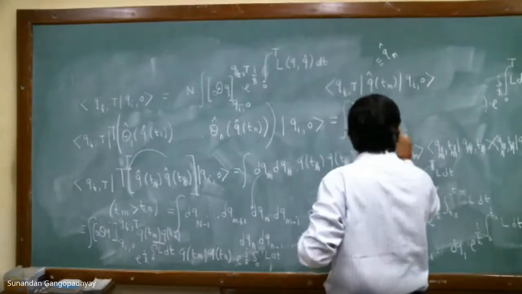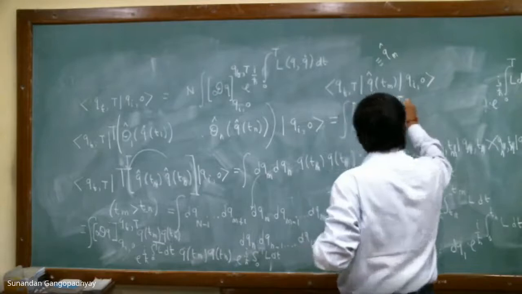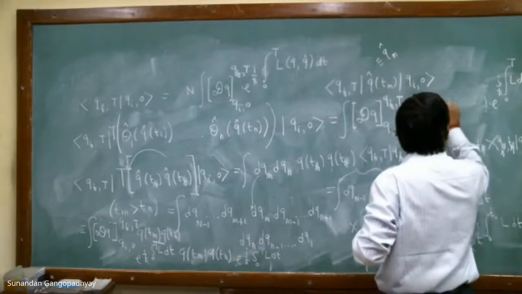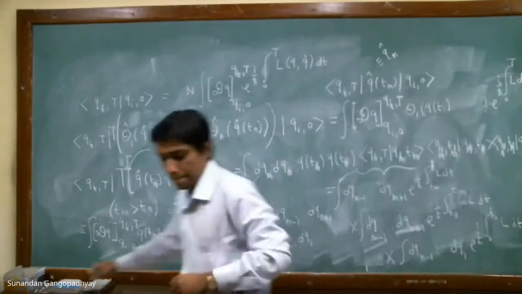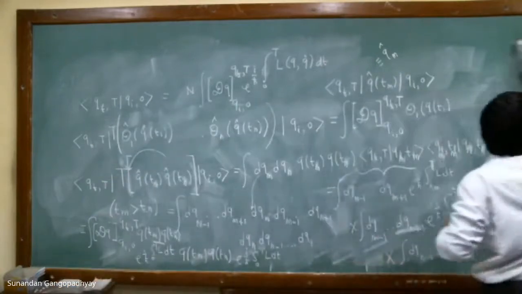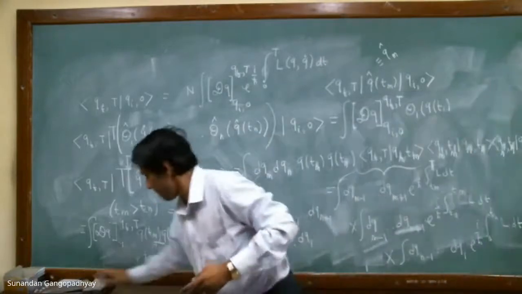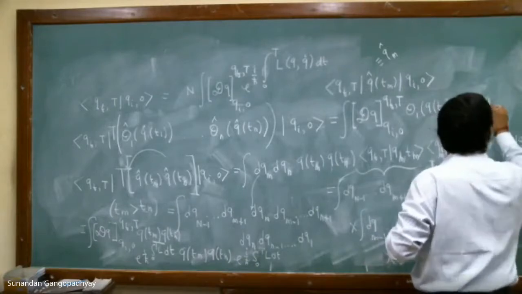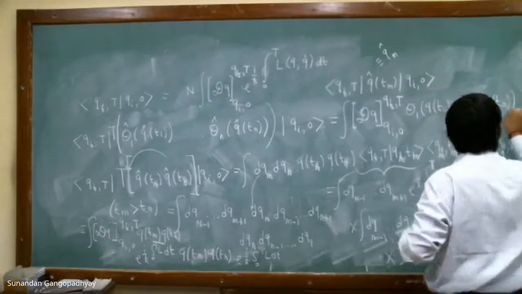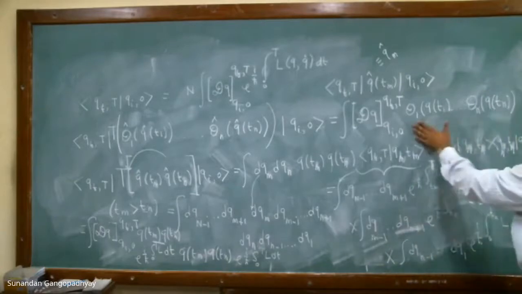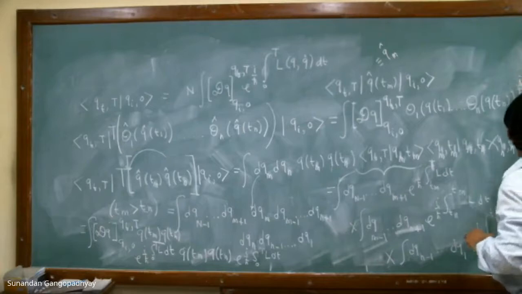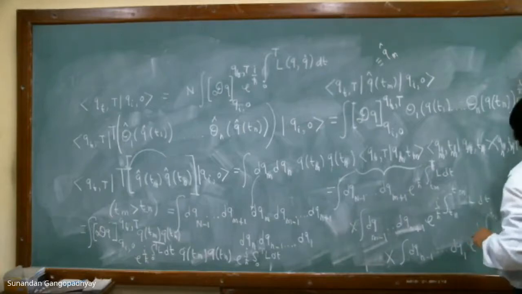This will be this path integral with the following insertions: q(t_1), up to q(t_n). So you have this product of these functions, and then e to the power of i by h bar integral 0 to T, which is basically the action.